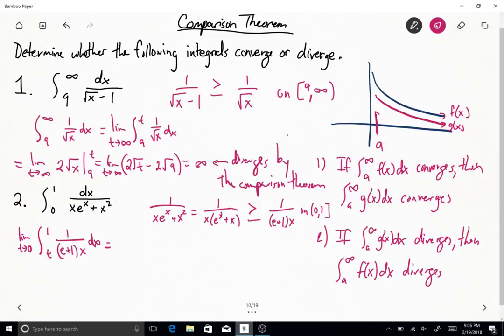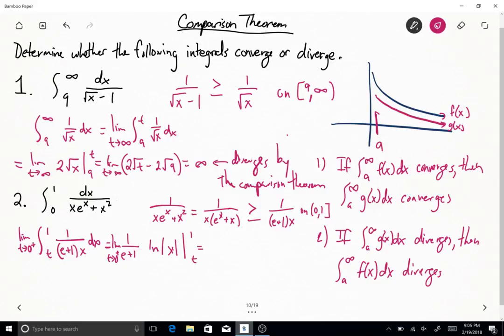So this 1 over e plus 1, that's just a constant, so we'll pull that out in front. You have 1 over x, so that's just natural log of x evaluated at t and 1, and we need to slap a limit in front of this thing. Limit as t approaches 0, I should put from the right as well.